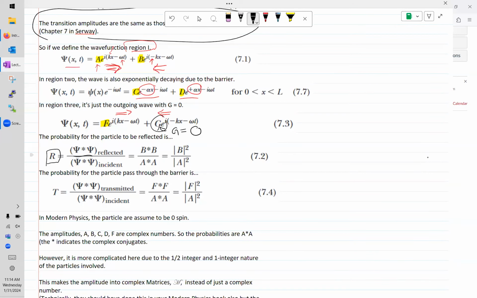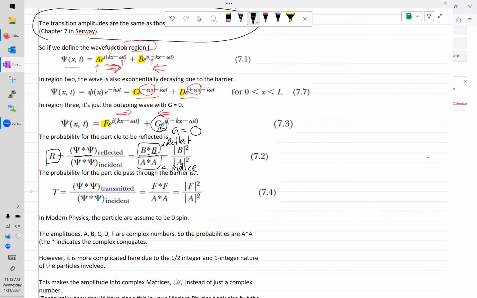And what you're interested in is actually the amplitude squared of these wave functions divided by each other. Okay, so this is the part that's been reflected, the amplitude squared reflected. This is the incident wave amplitude squared. Okay, and we're going to see why this is going to be useful for us when we start talking about particle physics. Okay, incident.